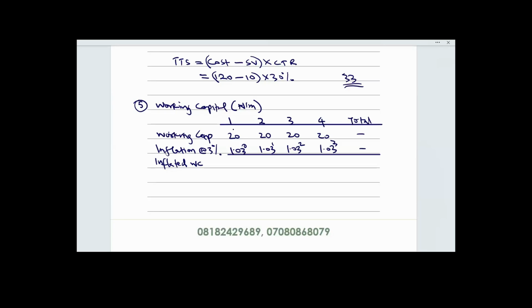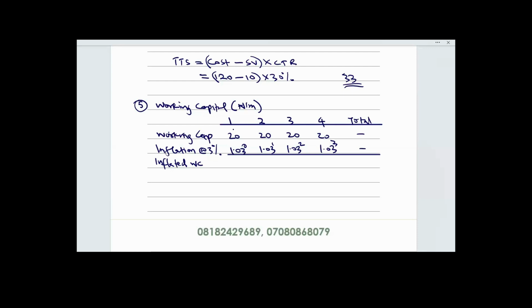So in this case, since examiner is silent, number one, you may assume that it is in the first year. But number two, because the examiner told you that the average general level of inflation per year is 3%, what that means is that that 20 million naira is the first year price.